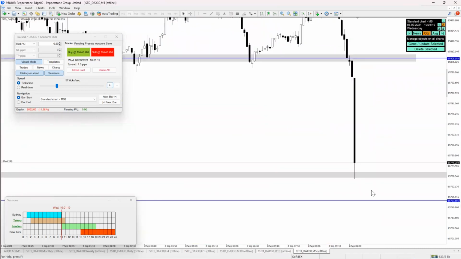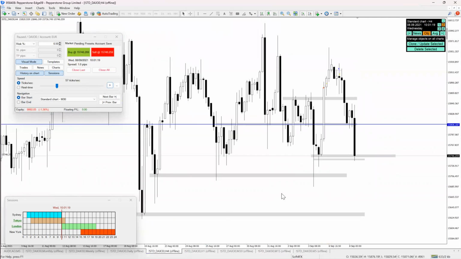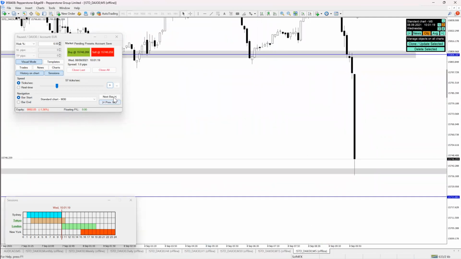Okay, so if we can form a support from here, then we can take this back up. So we need to see a 15-minute candle close bullish.